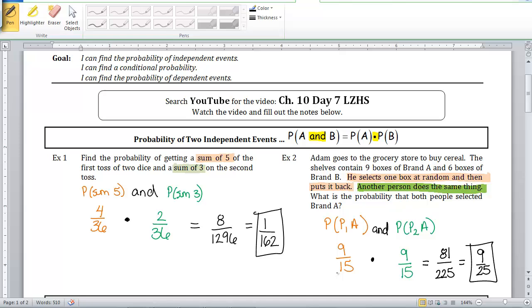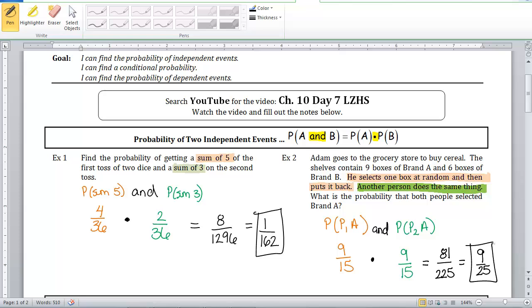If he puts it back, and that's the key word, he replaced the box he took, then when person 2 comes along, they also have a chance of 9 out of the 15 that they take brand A. Because these are independent, since we replaced the box, that means I want to multiply, and so I would simplify down to 9 over 25. Now, again, example 2 was independent because he replaced the box.